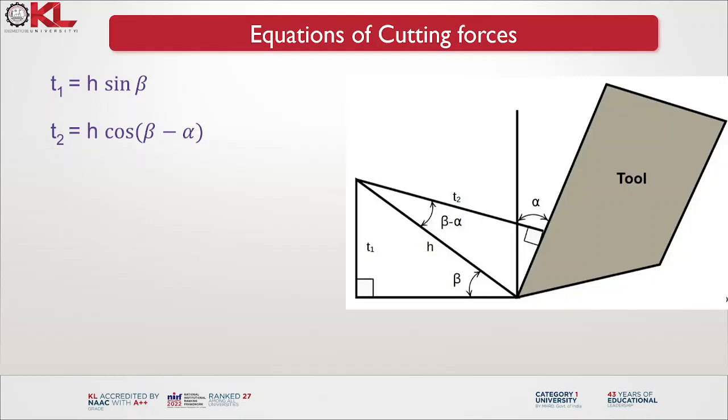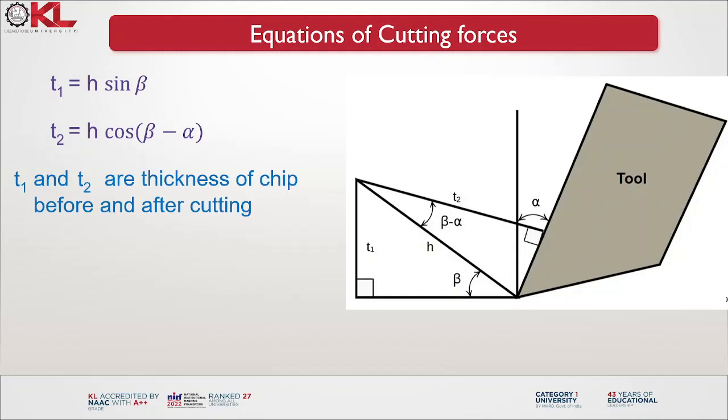Beta is the shear angle and alpha is the rake angle. Here T1 and T2 are the thickness of the chip before and after cutting.